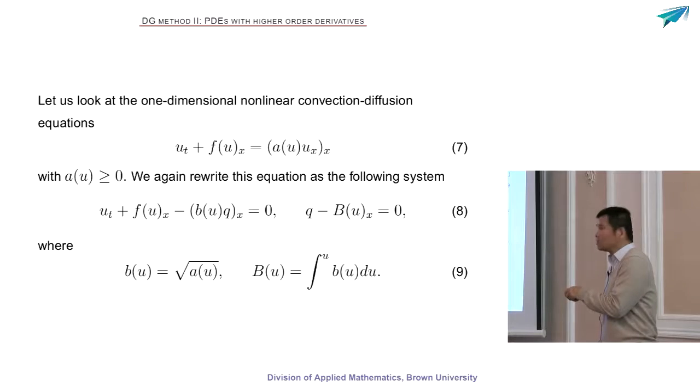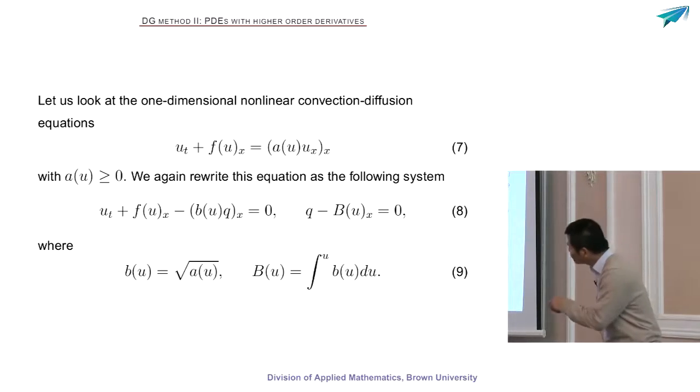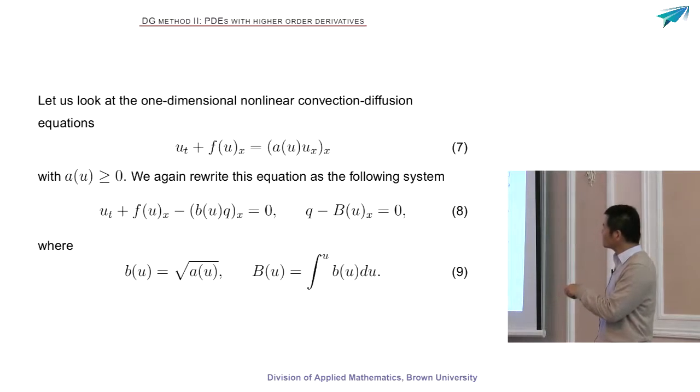And this auxiliary variable q is introduced to represent capital B(u)_x, which is small b(u) times q, parenthesis, sub x. Because capital B(u)_x is B prime of u times u_x. B prime of u is small b(u). So small b(u) u_x. So there's another b(u) here. So it's small b squared of u, which is small a of u times u_x.